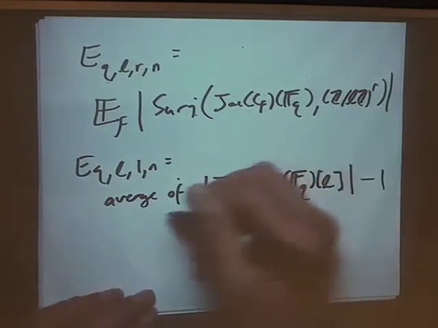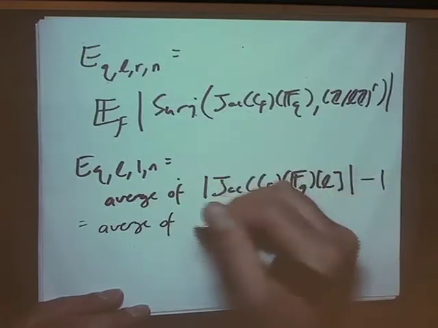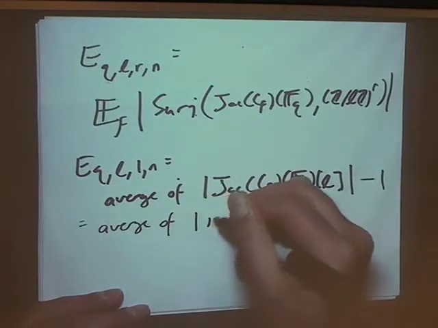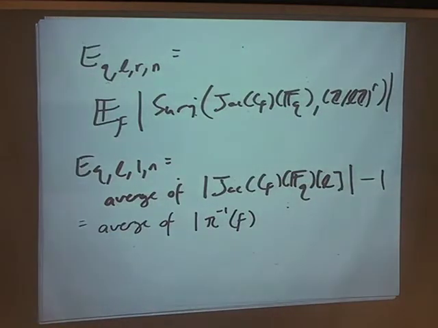So this is the average of the number of, okay, I take pi inverse of F. So I take some square-free polynomial, I look at its preimage under this map, and I get some stuff.